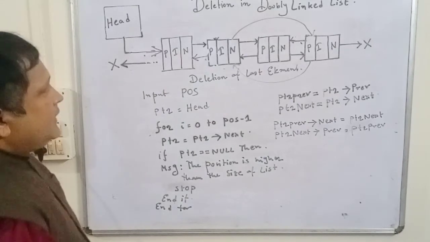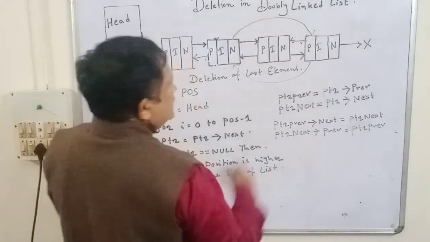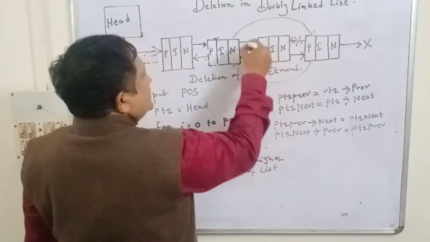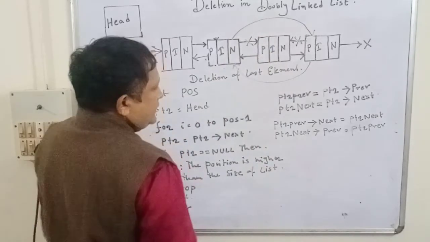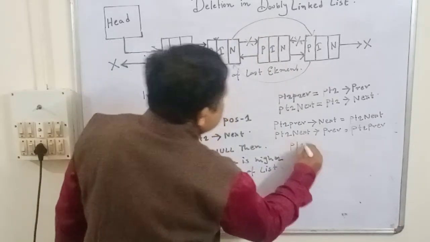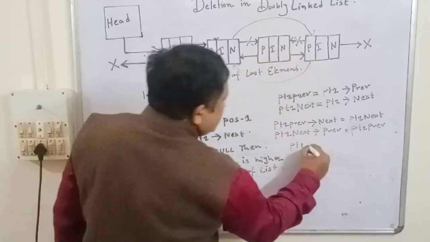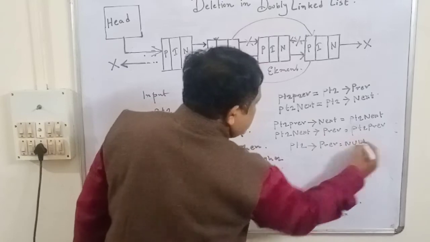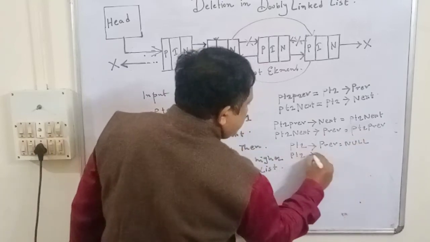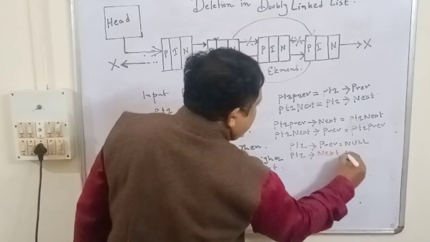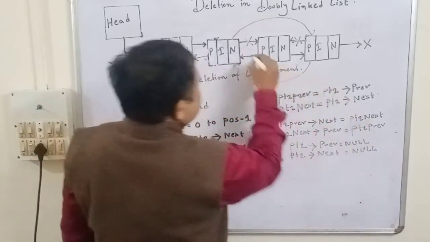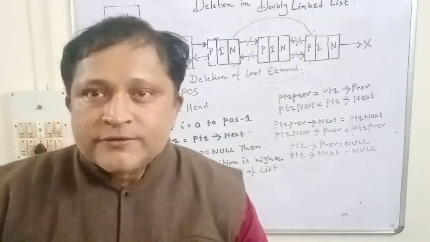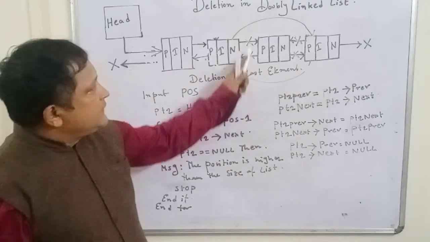And this node is automatically deleted. Now PTR is our node that we want to delete. Set PTR prev equal to null and PTR next equal to null, so these connectivities will also be deleted.